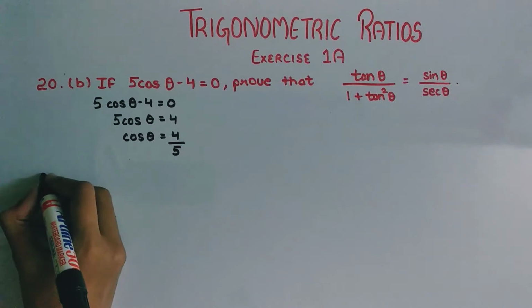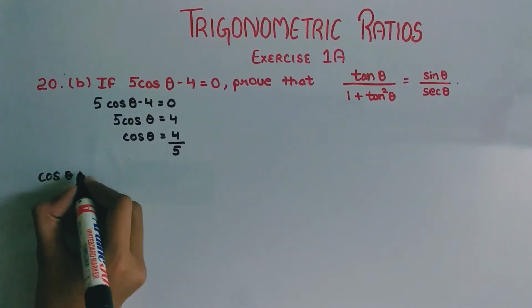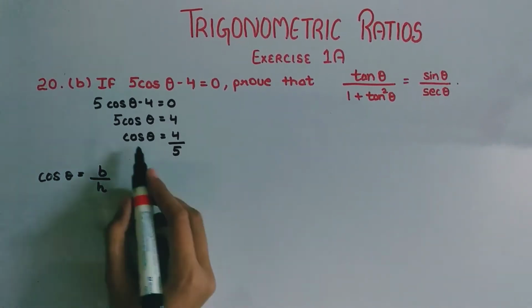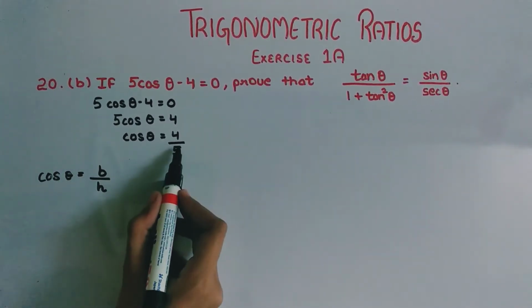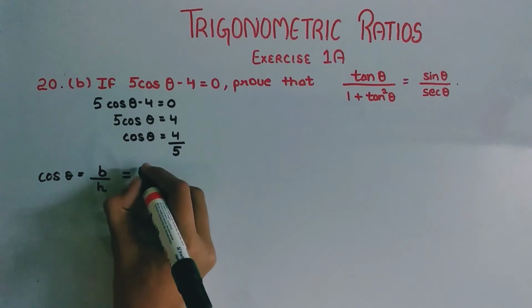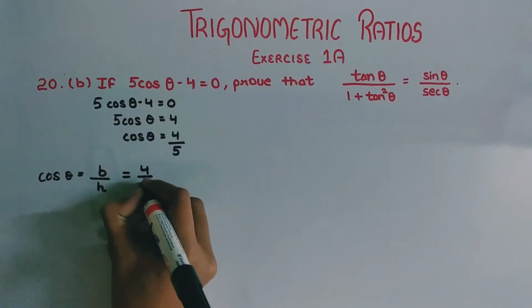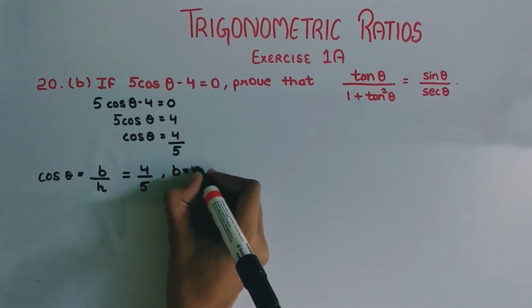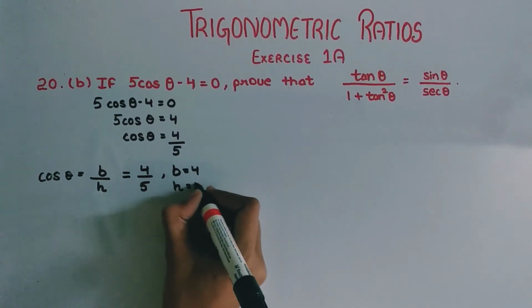4 divided by 5. But we know that cos of any angle theta is base upon hypotenuse. Left sides are equal, right side should be equal, that is base upon hypotenuse is equal to 4 by 5. That means for a given angle, base is 4 and hypotenuse is 5.